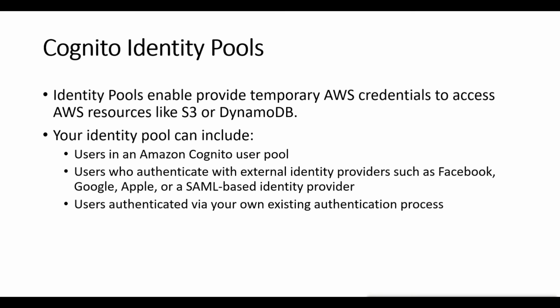Another is user pools are things like maybe email address or password, etc., whereas identity pools is the actual granting of access to AWS resources. So your identity pool can include users in an Amazon Cognito user pool, users who authenticate with external identity providers such as Facebook, Google, Apple, or a SAML based identity provider, and users authenticated via your own existing authentication process.